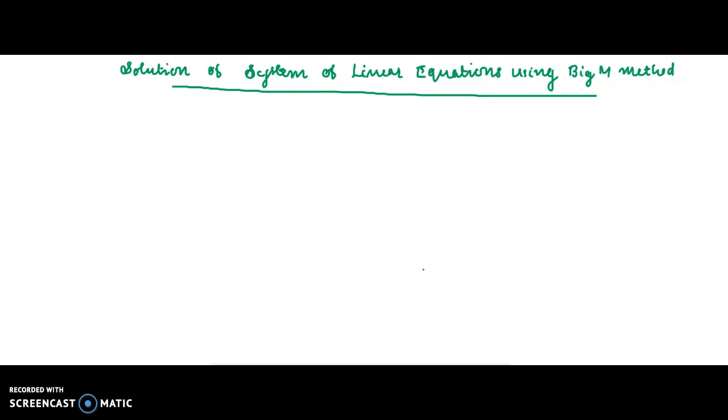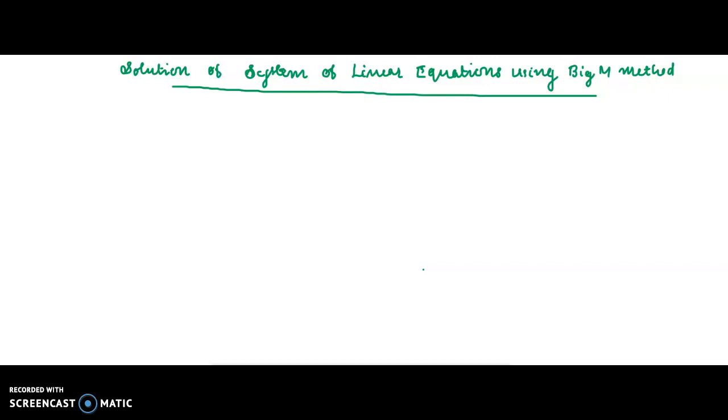Comparing the two, I say that the two-phase method is easy to solve linear equations because while using two-phase simplex method for solving linear equations, we have to write only phase 1. We cannot go to phase 2. After phase 1, we obtain the solution.